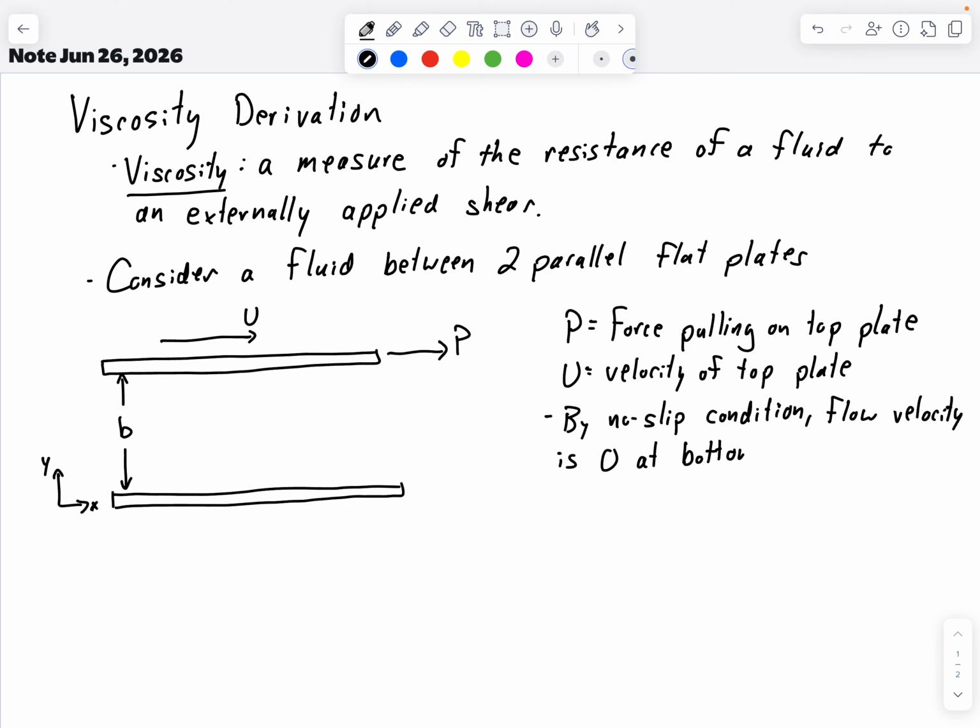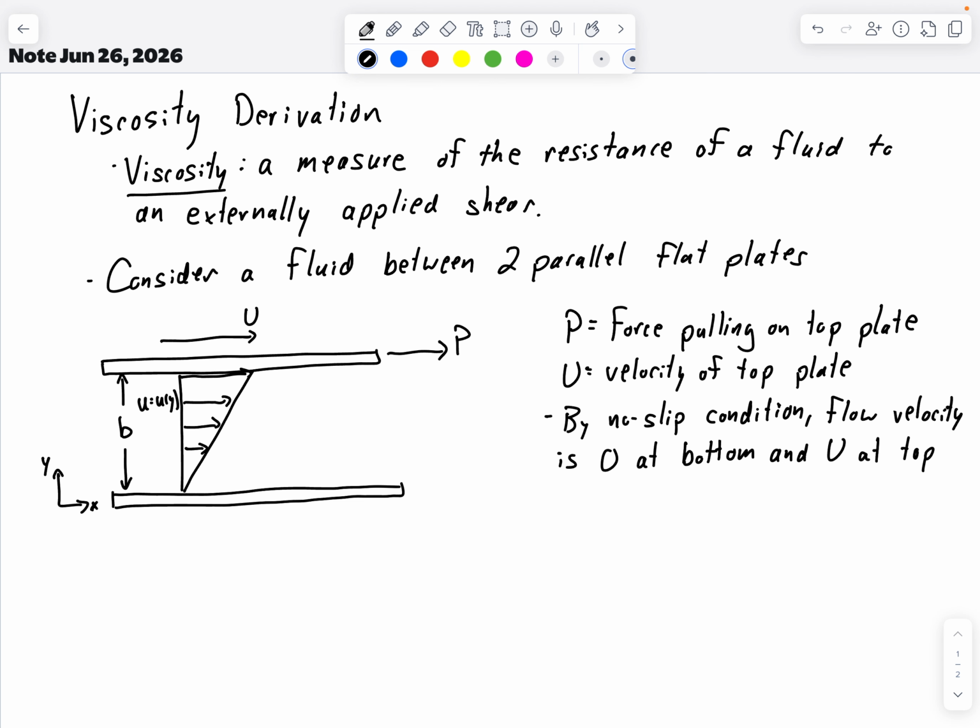And also by the no-slip condition, it must be U at the top. And so we can draw our velocity profile to look something like this. At the top, we have capital U, and then we have this linear profile of velocity going down to the bottom. And so this is our velocity profile. U is a function of y.